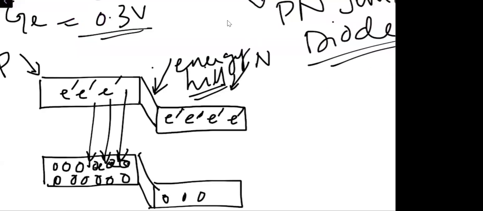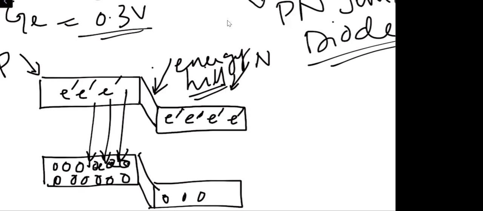So if you want to move the free electrons from the conduction band of the n side to the p side, we need to push the free electrons up the energy hill, because the conduction band is at a higher energy level on the p side as compared to the n side, right?